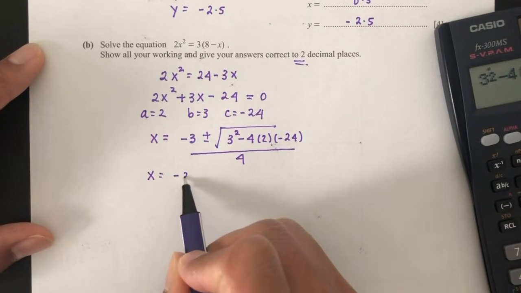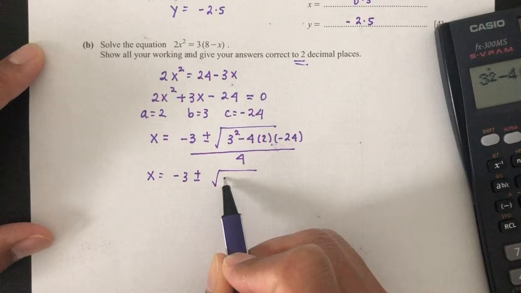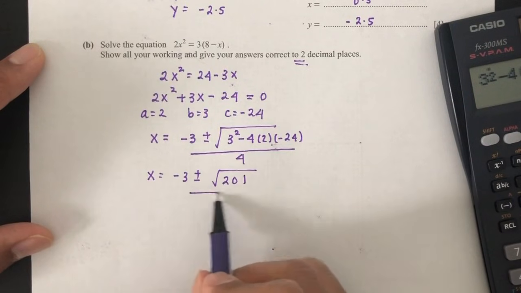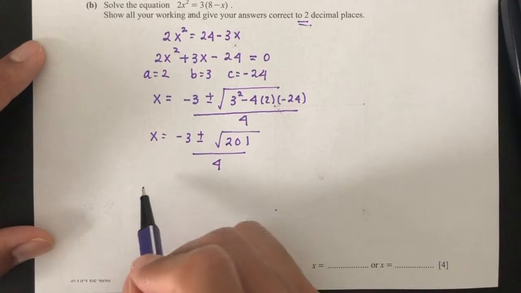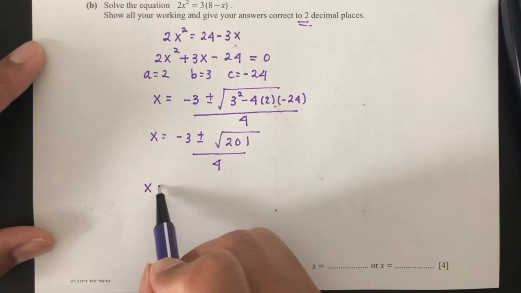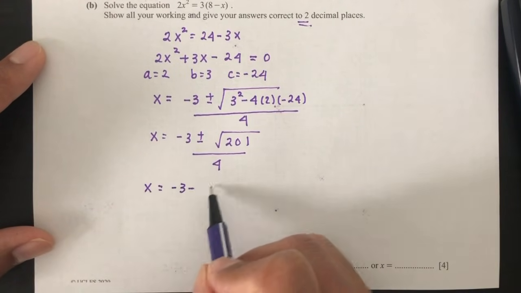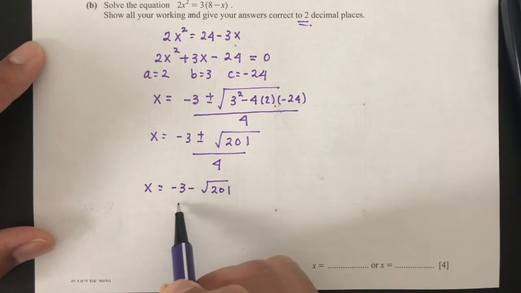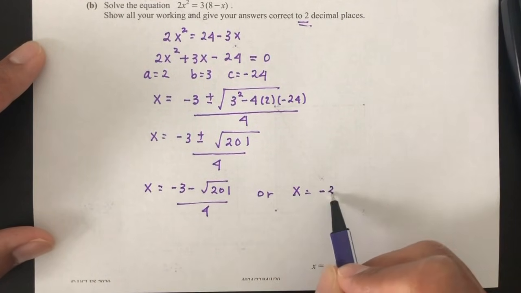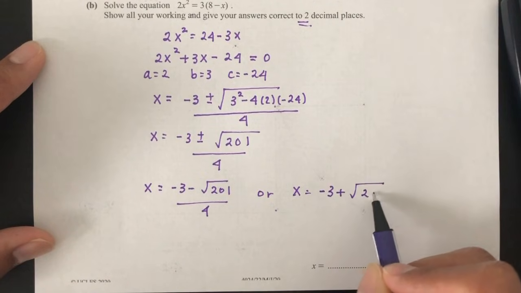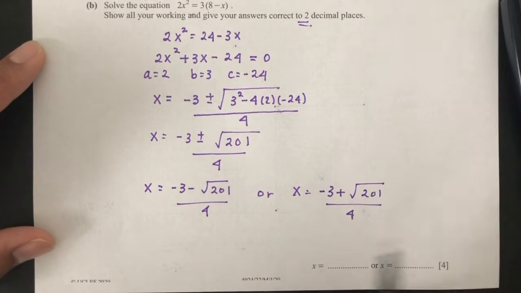X will be minus 3 plus minus square root of 201 divided by 4. So one by one, let's find the values. So let's do the minus one first. So minus 3 minus square root of 201 by 4. Or it can be x equal to minus 3 plus square root of 201 divided by 4.